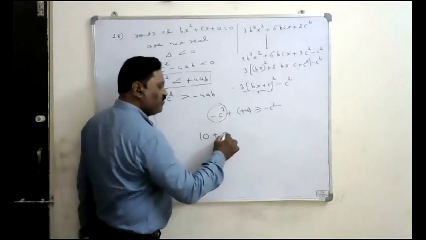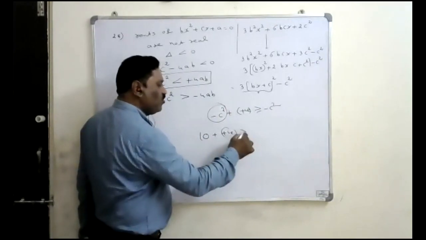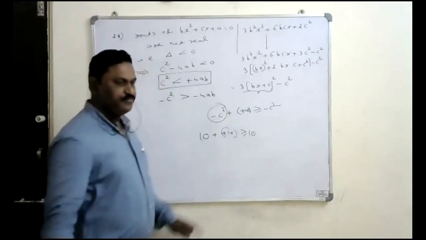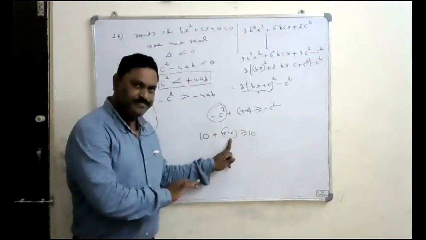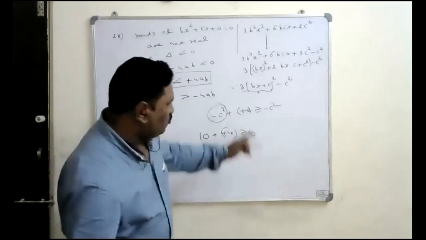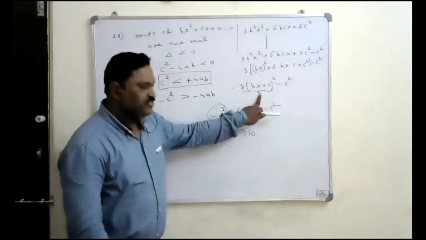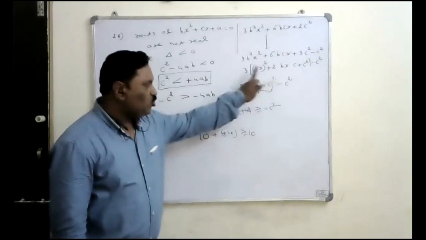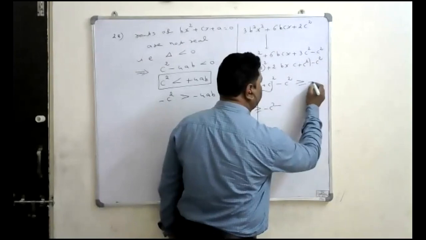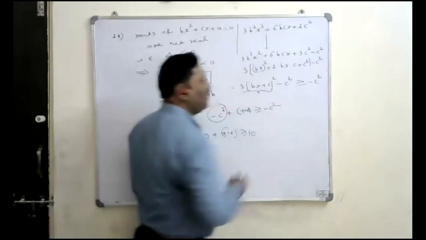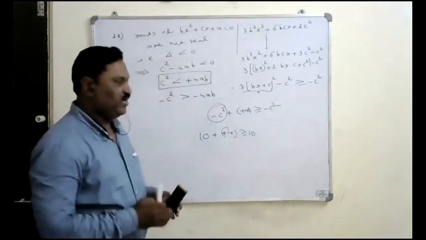So 10 plus some positive value, the total is more than or equal to 10 only, no? If it is 0, it is equal to 10, otherwise more than 10. That's why the total value is greater than or equal to minus c square, right?